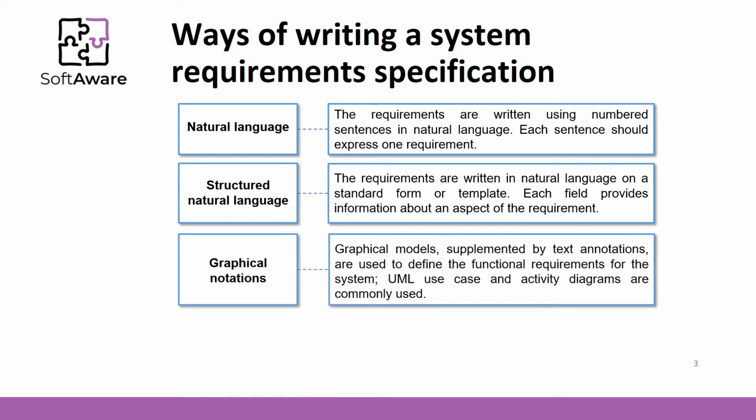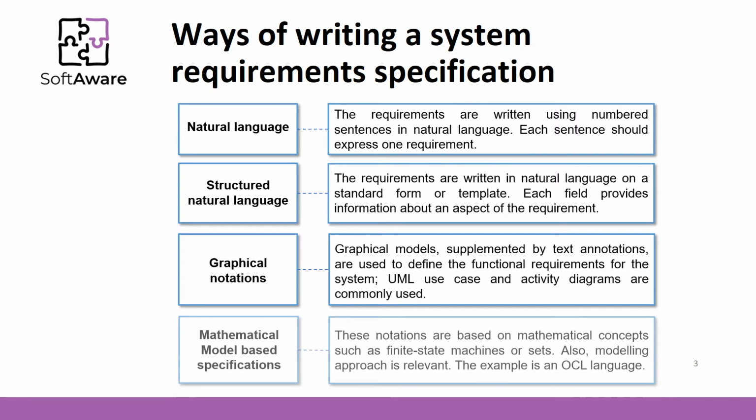Another type of writing specification is using graphical notations. It is basically used to write functional system requirements using graphical models together with syntax annotations. It usually includes UML, use cases, and activity diagrams. When we need a formal description, mathematical or model-based specifications could be used.